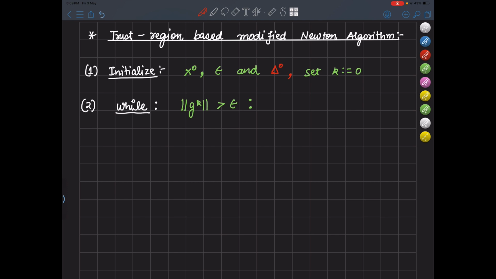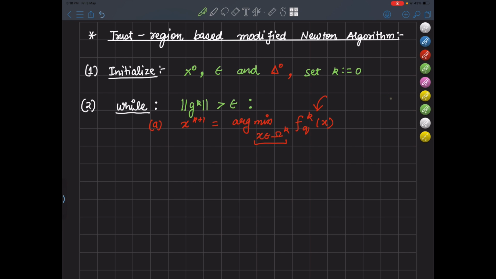So the first step is xk plus 1 equal to arg min such that x belonging to del omega k, f q k x. So this is the approximate quadratic function, and we try to find the minimum of this function given x is in the trust region. Okay, so we already talked about how we'll get this.